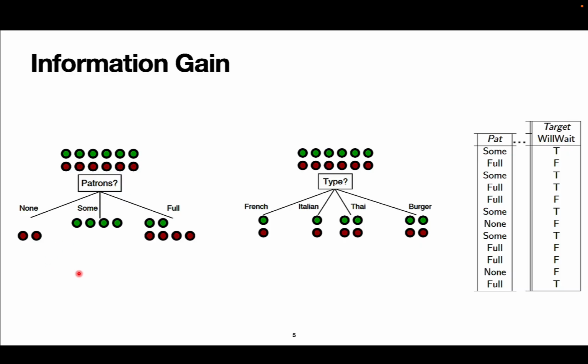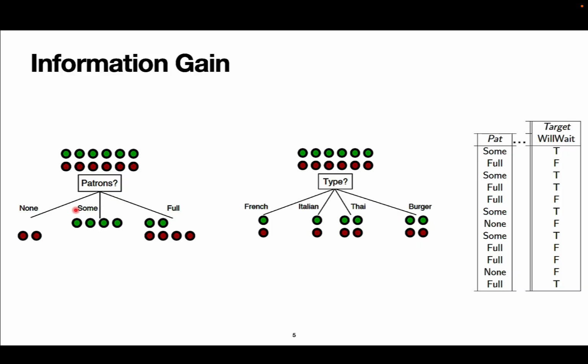After the split, we compute the entropy of each resulting subpopulation. If a subpopulation contains only one class, as in none and in some, this is great because all instances belong to the same class. There is no uncertainty.